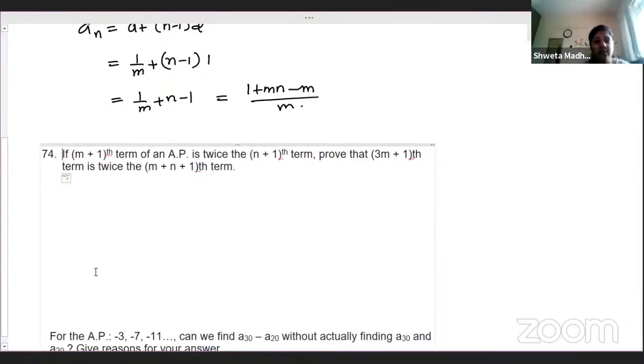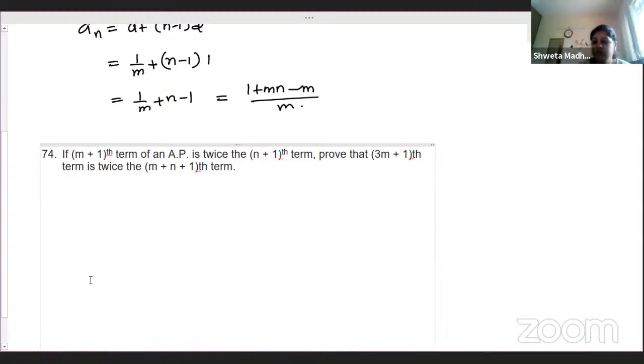Here, what's in 74th? Straightforward question, that is also.